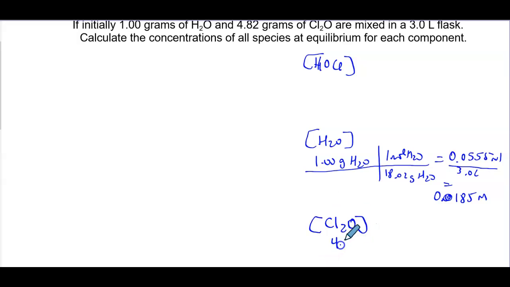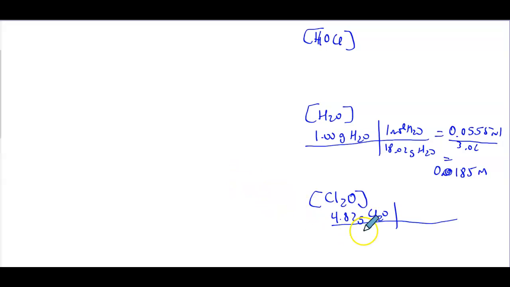I have 4.82 grams of Cl2O. I might have just called that ClO2, but it's Cl2O. So I'm going to do 35.45 times 2 plus 16, and I get my molar mass, 86.90 grams of Cl2O for every 1 mole of Cl2O.